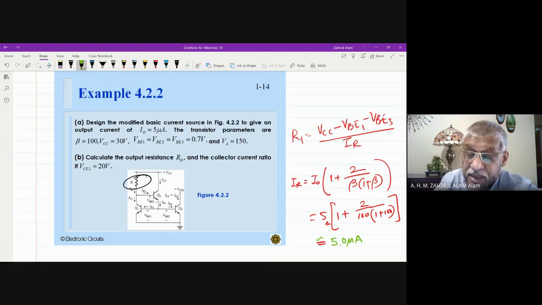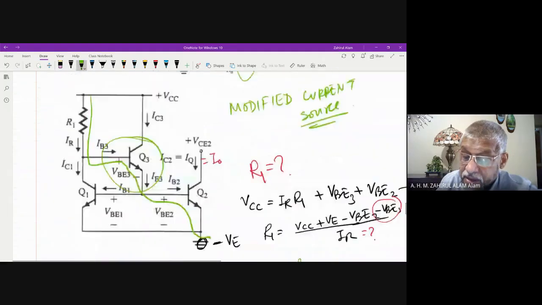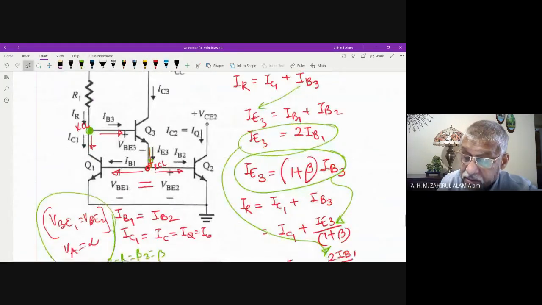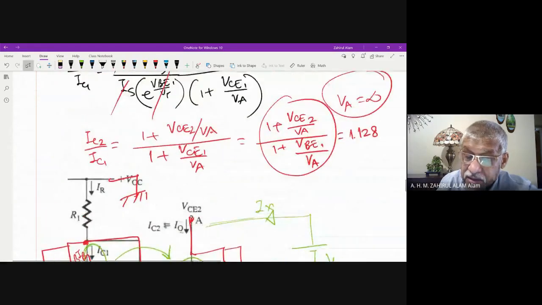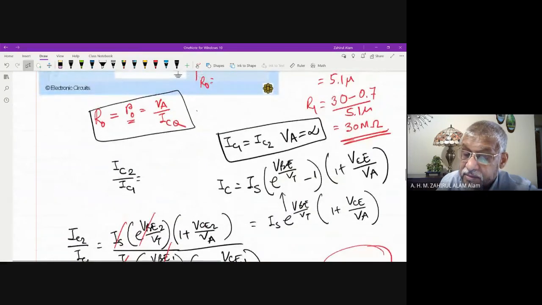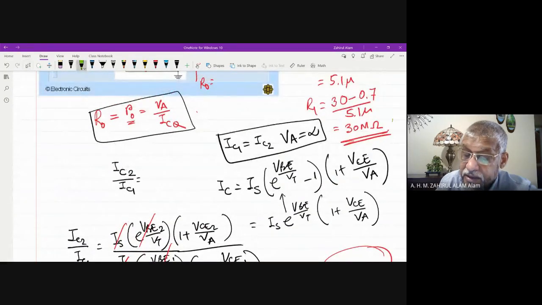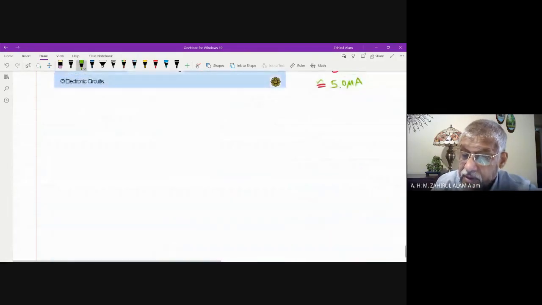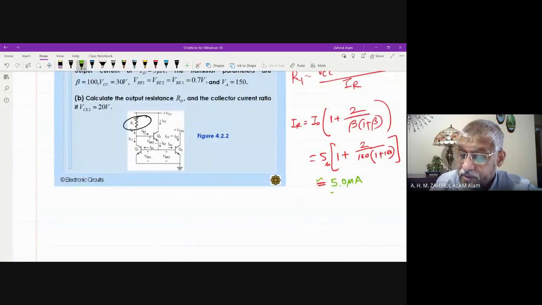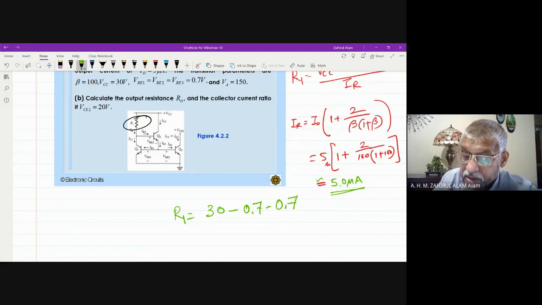microampere. In my previous calculation, probably this is not equal to 30. Not equal to 30. So you can check this result. Then we can calculate. If we know this one, then we can find R1 is equal to 30 minus 0.7 minus 0.7 divided by 5.0 micro.